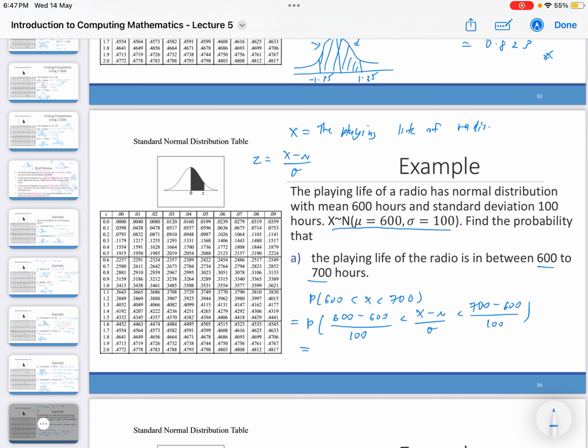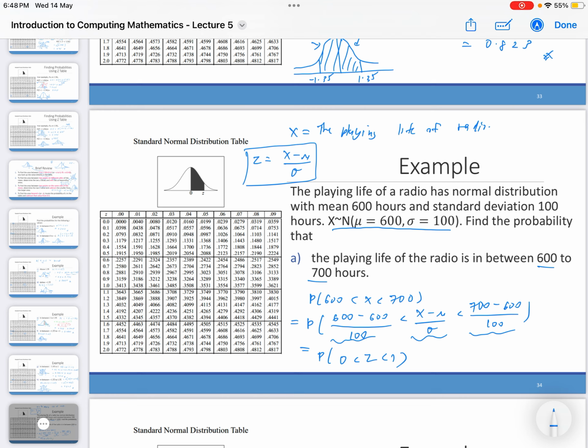And then you calculate this. So this equals the probability of 0 less than Z less than, calculating this one, we get 1.